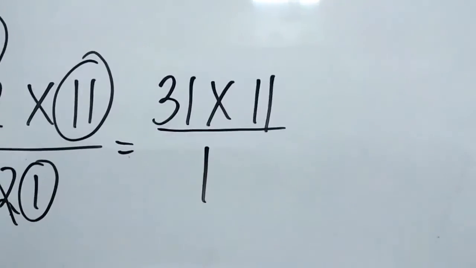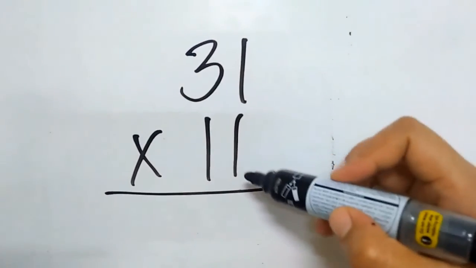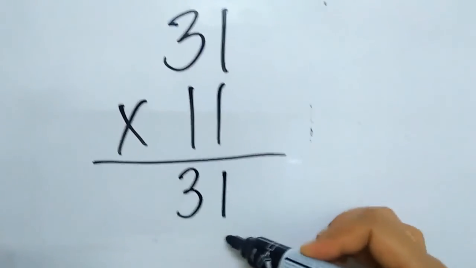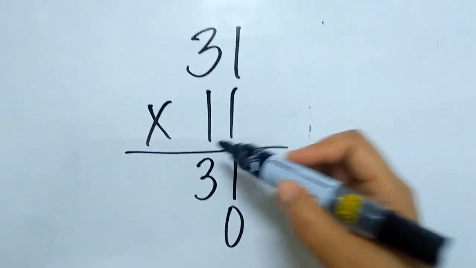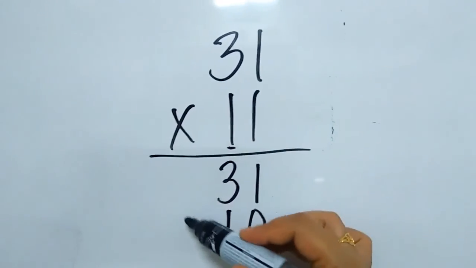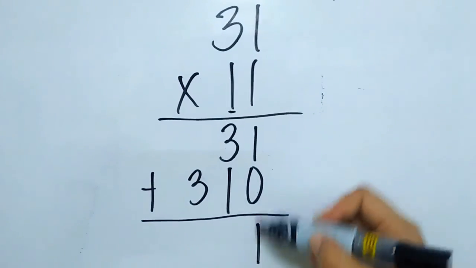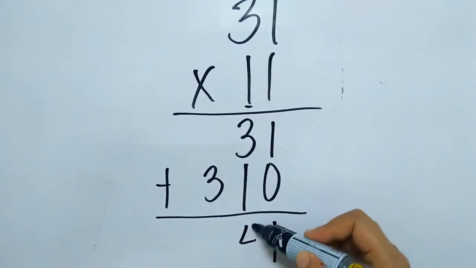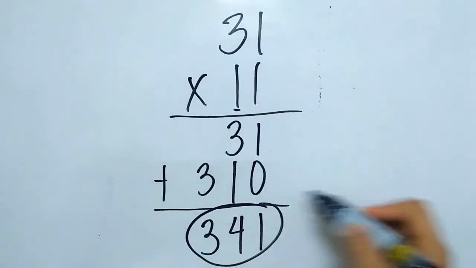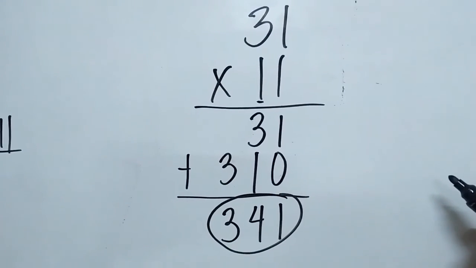We need to multiply 31 and 11. Let's multiply. 1 times 1 is 1. 1 times 3, 3. Put 0 on the ones place before multiplying the tens place. 1 times 1, 1. 1 times 3 is 3. Then add the products. 1 plus 0, 3 plus 1, 4. Then 3. So we have 341, the same as the first method that we used.